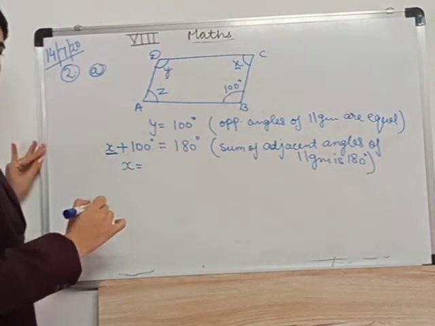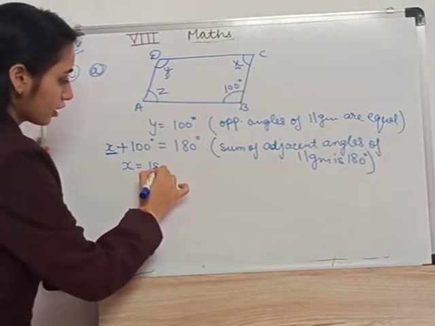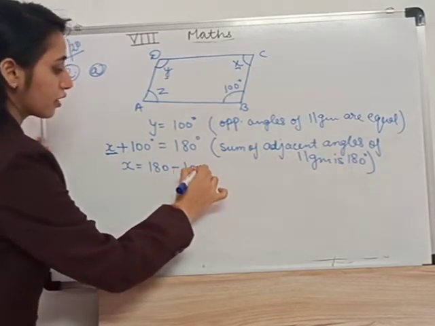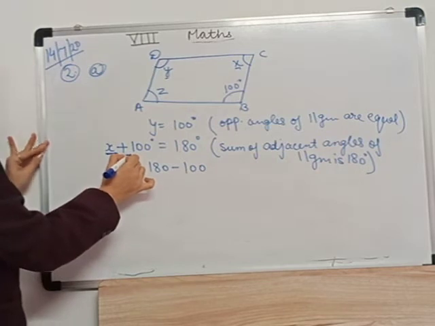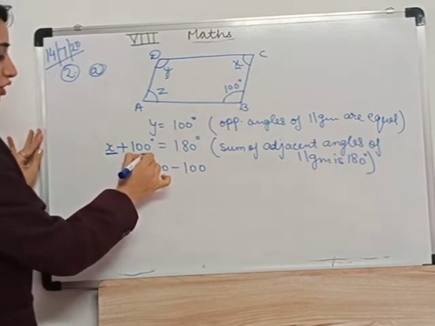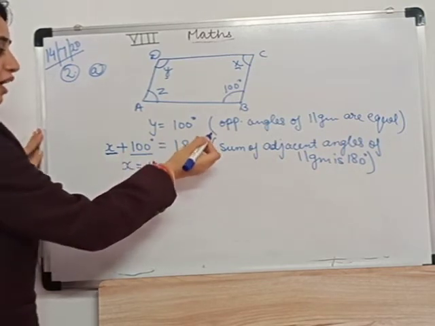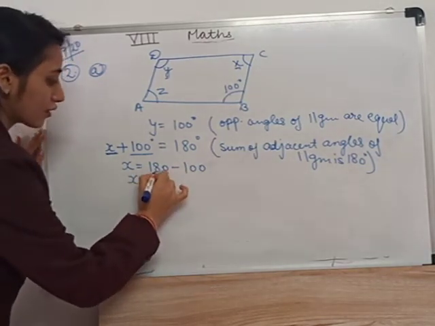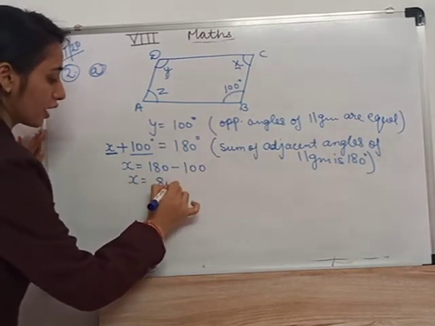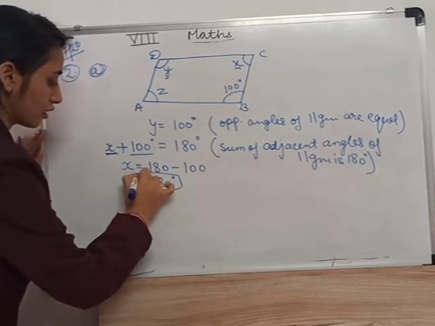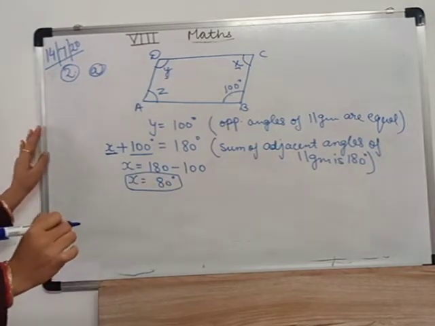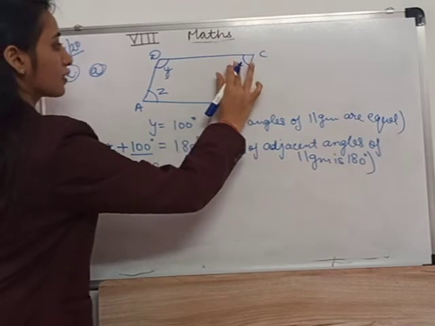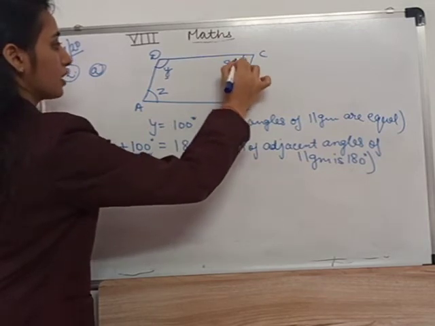x is equal to 180 minus 100, because by using the transposing rule, when we move 100 to the right side, it comes with a negative sign. Value of x is equal to 180 minus 100, that is 80 degrees. In this way we find that the value of variable x is 80 degrees.